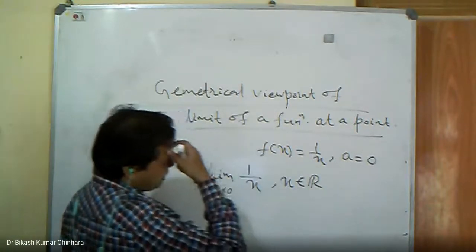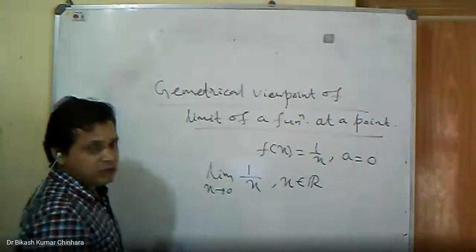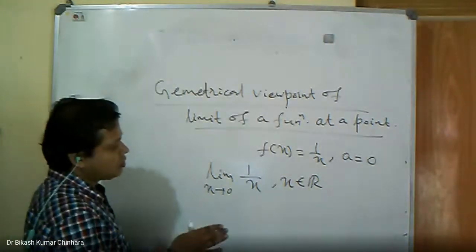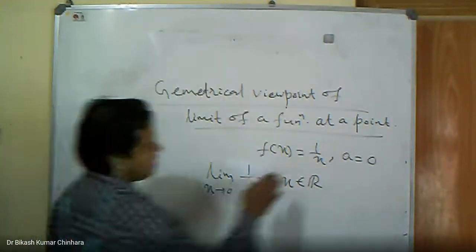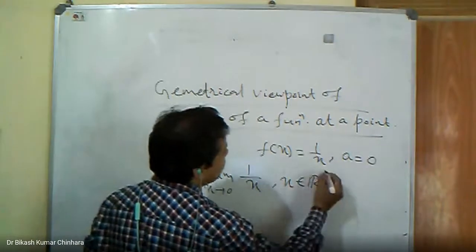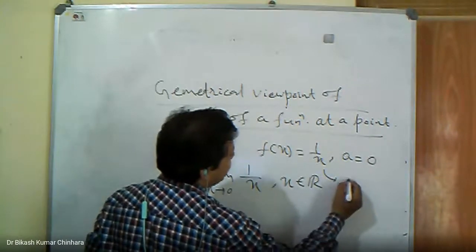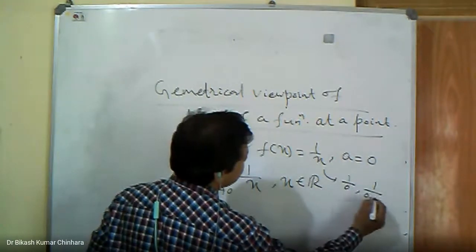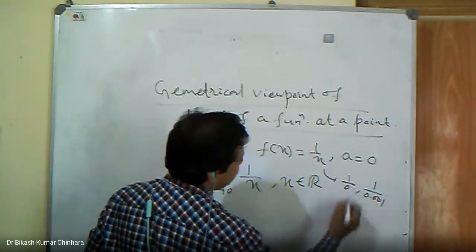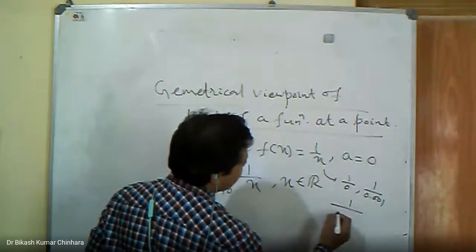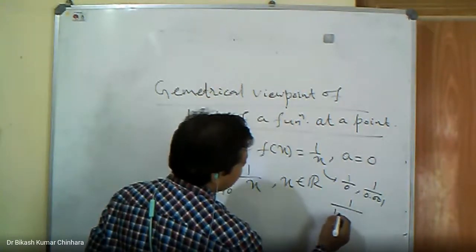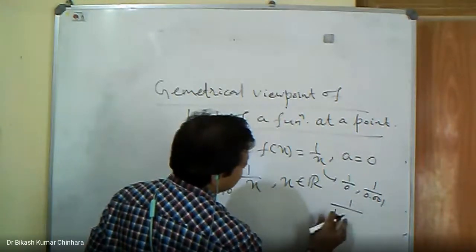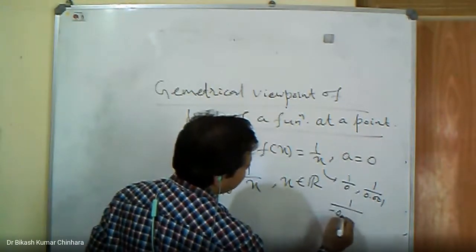But can I do some approximation of the function when x approaches 0? You cannot find 1 by 0, but you can always find 1 by 0.001, or 1 by minus 0.001.